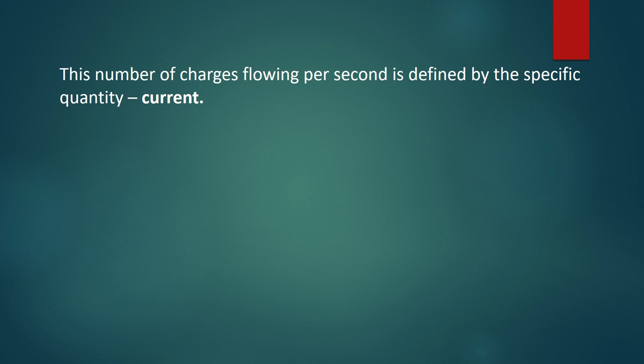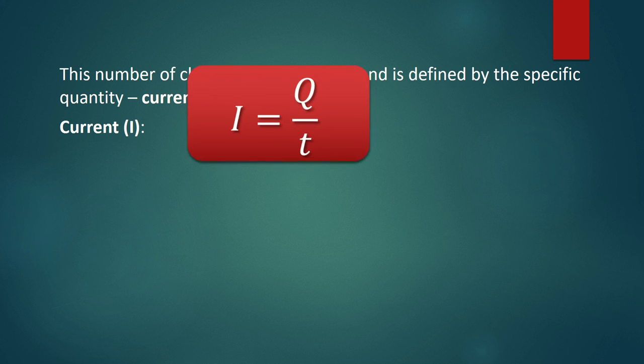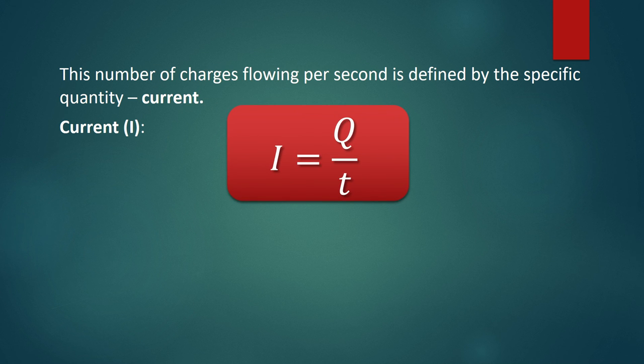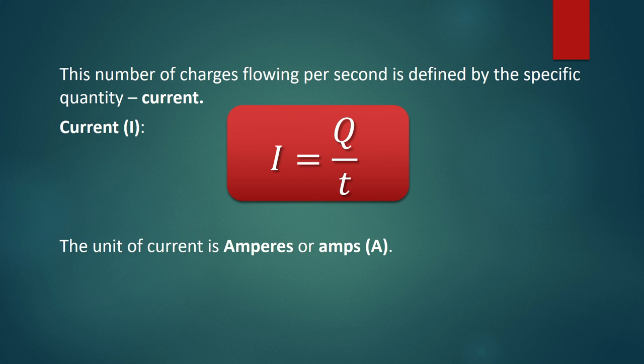Talking about charges, the number of charges flowing per second is defined by a specific quantity. We call this the current. The current, for which we use the letter I, is defined as the charge Q over time. For time we use seconds, for Q we use coulombs. The unit that we get for the current is called amperes, in honor of the scientist Ampere, or amps for short.